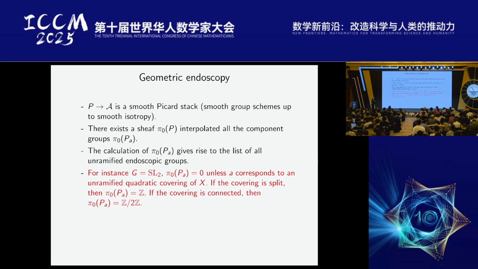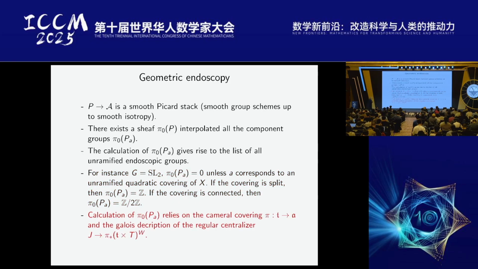Then you can try to compute what pi naught of P_A is. You realize that it's almost only 0, but it becomes Z/2Z exactly when, after normalizing your spectral curve, you get some unramified covers. That gives exactly the 2-torsion of your Jacobian of the curve.